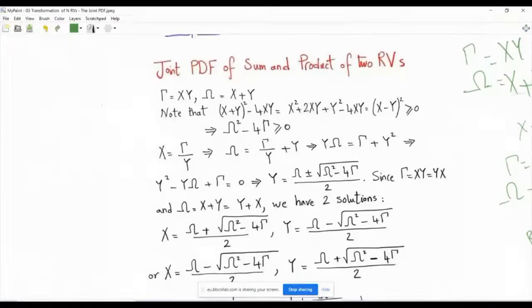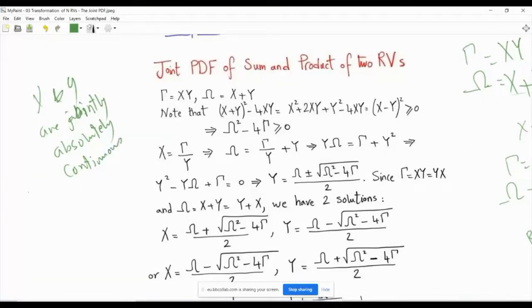Okay, so if x and y are jointly absolutely continuous, the probability x equals y, what is this probability? That random variable x is exactly equal to random variable y.